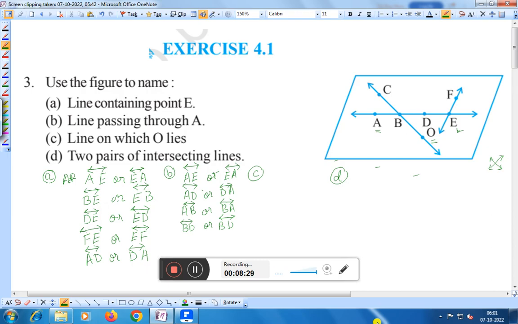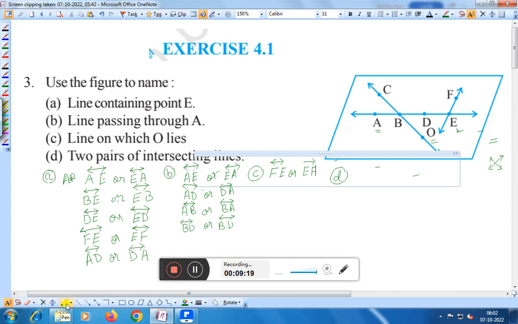What is question number C? Line on which O lies.